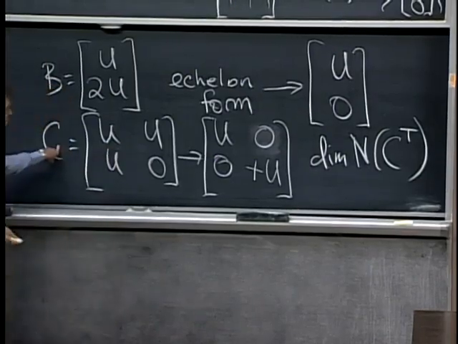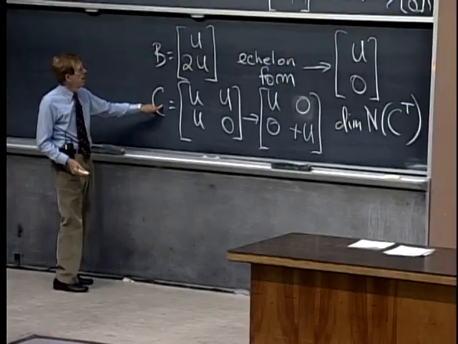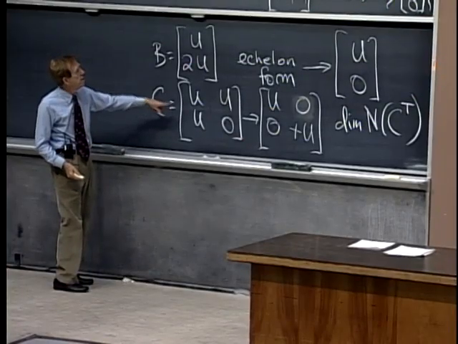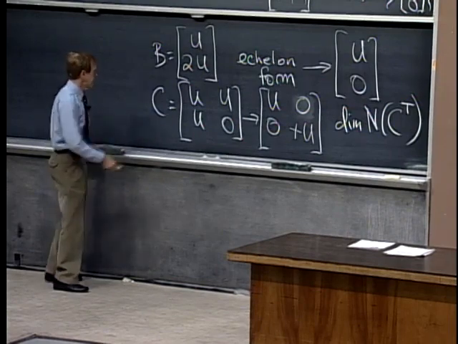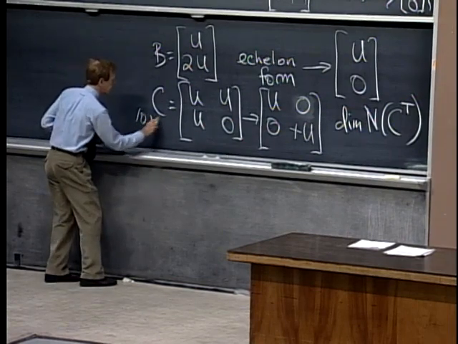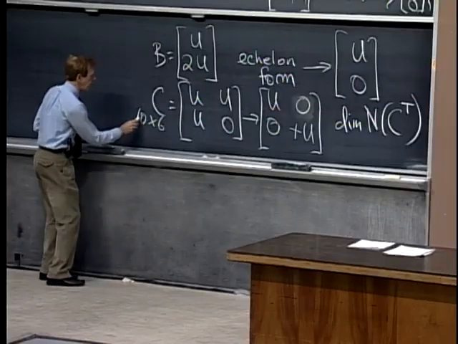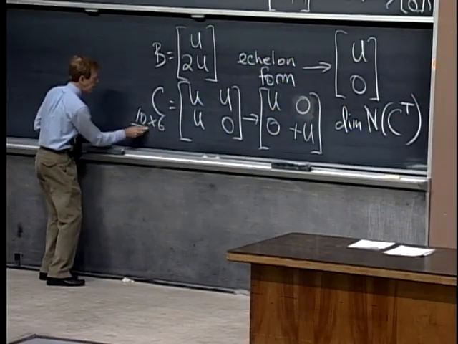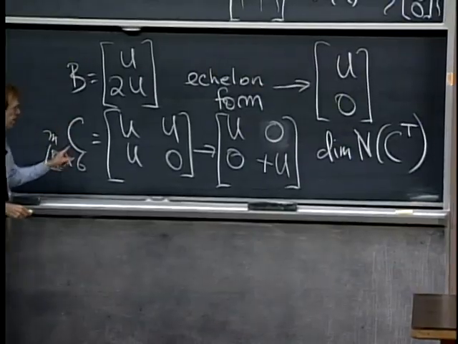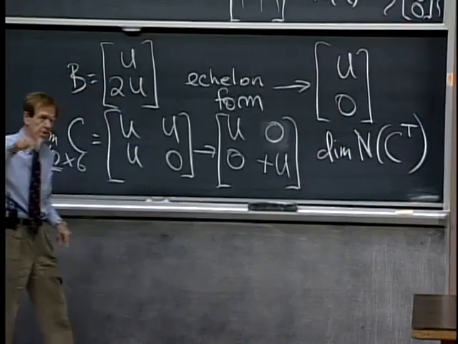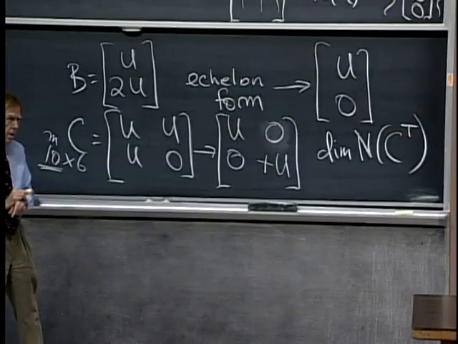So what's the size of the matrix C? It looks like it's 10 by 6, is it? 10 by 6, so C is 10 by 6. So M is 10. So C has 10 rows. C transpose has 10 columns.